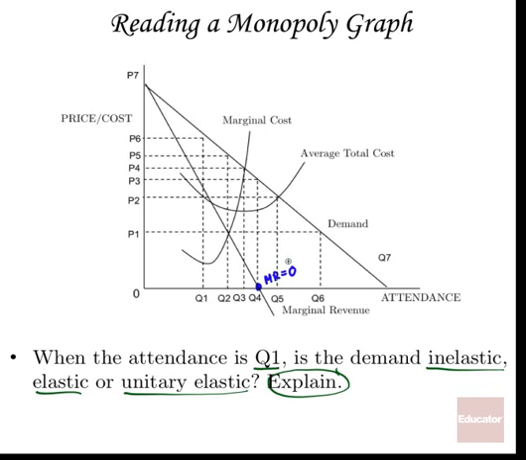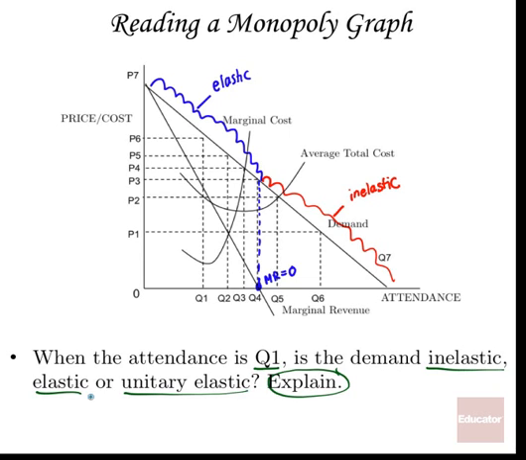Now, you want to move up the demand curve, and the area to the left of that point on the demand curve would be referred to as elastic, very price sensitive, whereas to the right of the demand curve is inelastic.